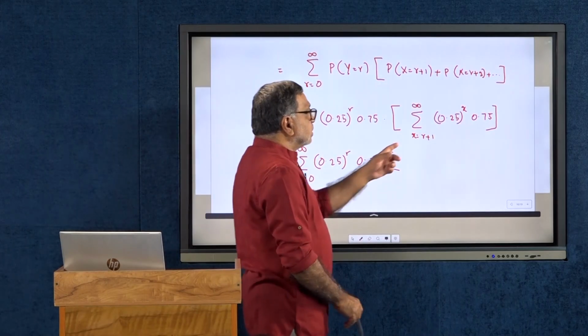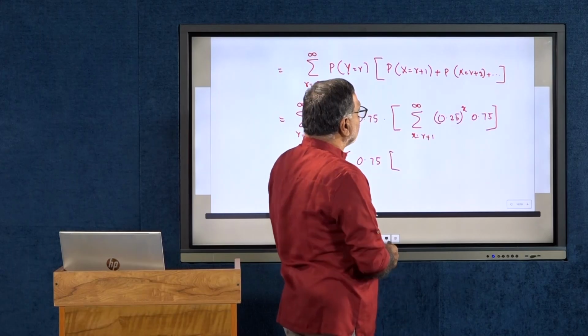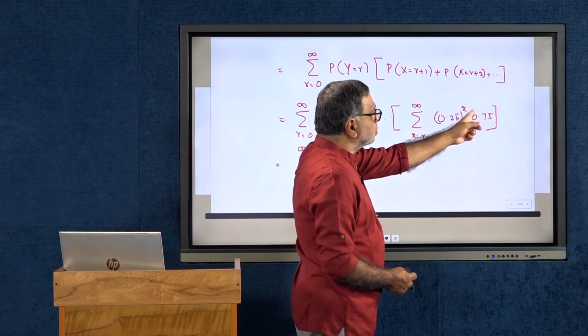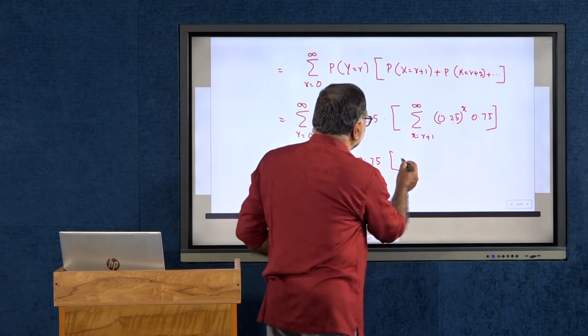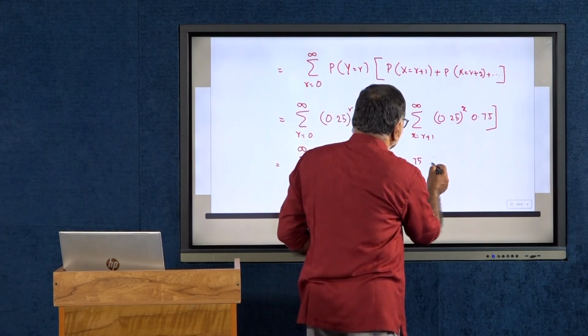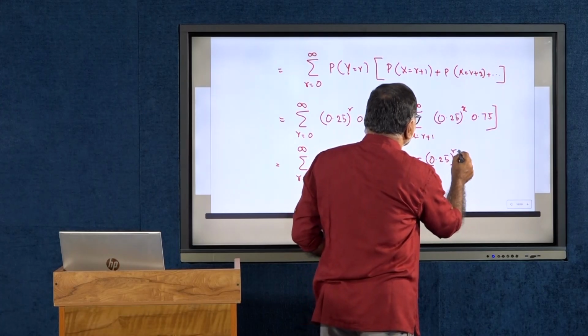When X is equal to R plus 1, this is 0.25 to the power R plus 1 times 0.75. When X is equal to R plus 2, this is 0.25 to the power R plus 2 times 0.75. So 0.75 is common and 0.25 to the power R plus 1 is also common.